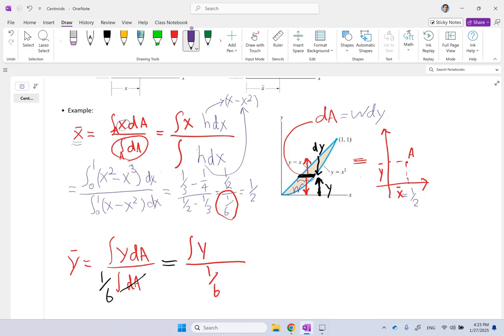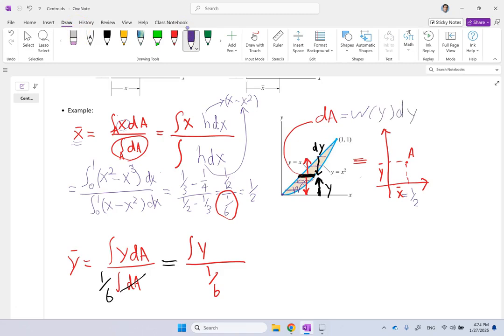No. When you move this up and down, right down here, it is almost 0. And as you get closer to the center, it gets wider and wider. And when you pass it again and go up, it gets thinner and thinner back to a point. So this W is actually a W of y, right? So if I want to clean this up, this is W of y dy.